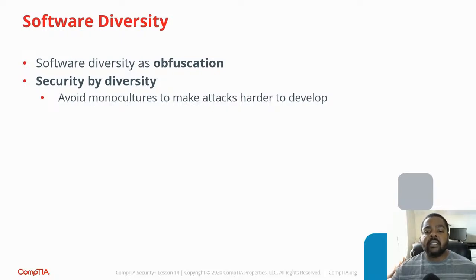The reason why is that when you are just one shop, let's say everybody is on Cisco devices, and then the company comes out and says, hey, all of our devices are vulnerable to remote code execution, and it's a very critical vulnerability, and for right now we don't have an answer for it.